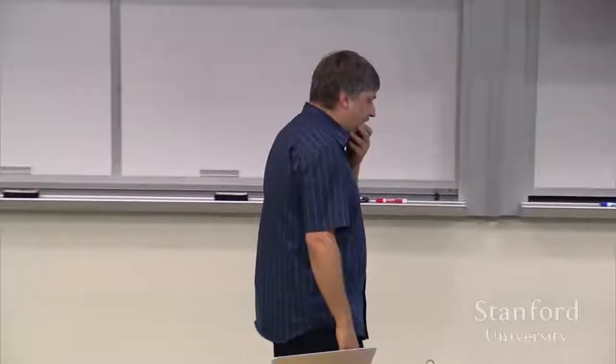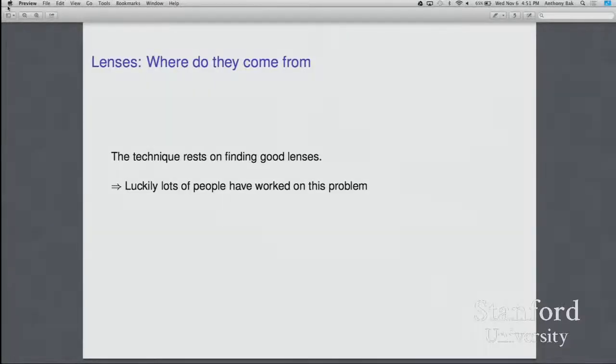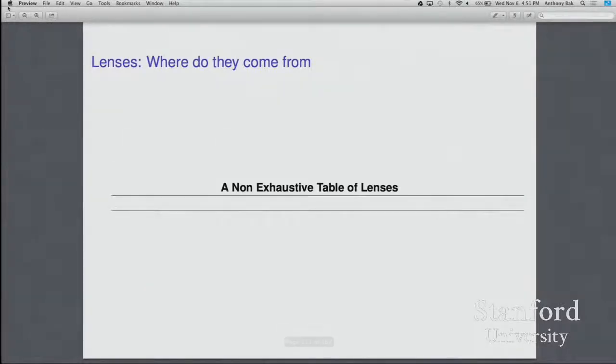And lucky for us, we haven't had to do this on our own. People have been coming up with lenses for hundreds of years. They just didn't know that they were coming up with lenses. So here's a non-exhaustive table of lenses. So statistics. Anything that produces a number for a point is a legitimate lens.